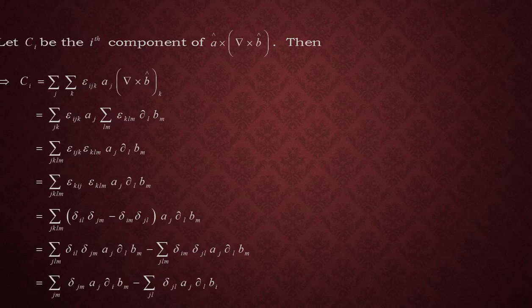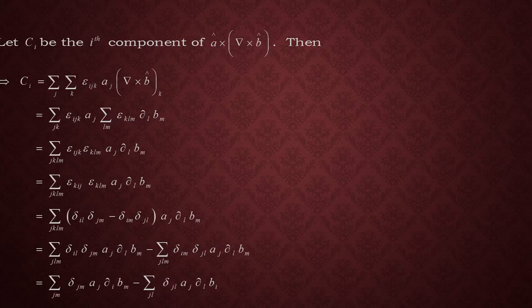Throughout this expression, there is no k. The index k is not here throughout this expression. So we can remove the index k under the summation.